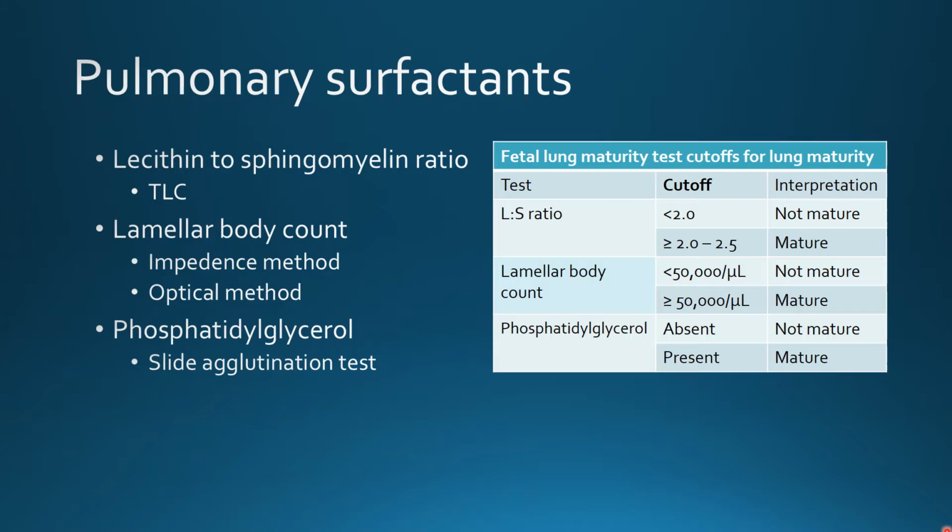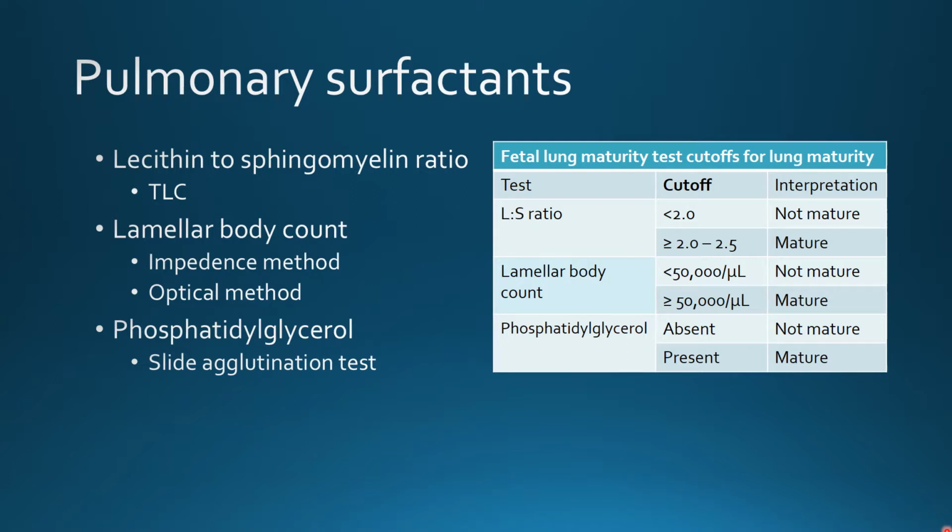Okay, they're about 90% phospholipids, about 10% proteins. The most abundant phospholipid is PC, which stands for dipalmitoylphosphatidylcholine. Just know it as PC, or lecithin, which is easier to say.